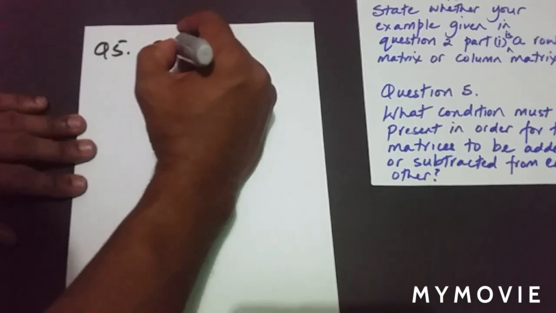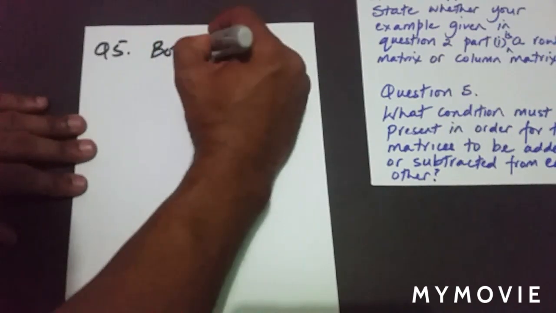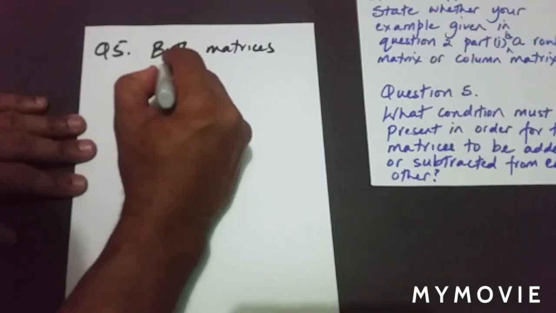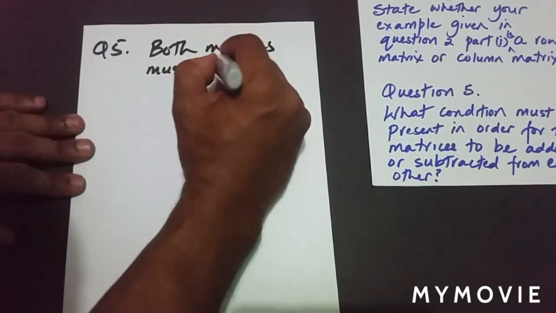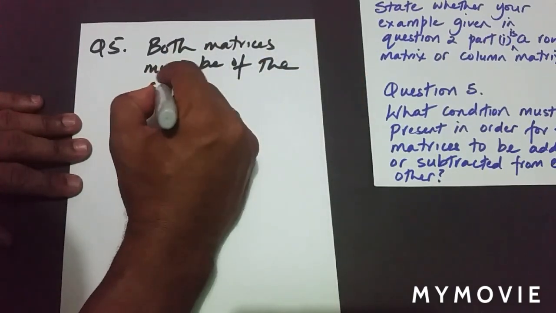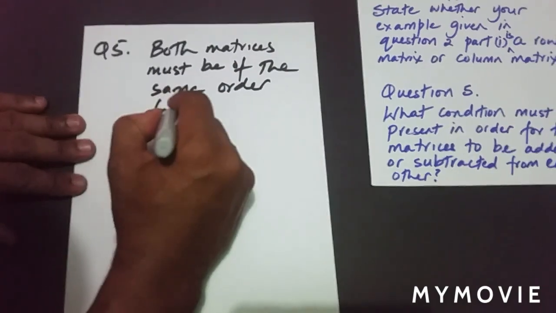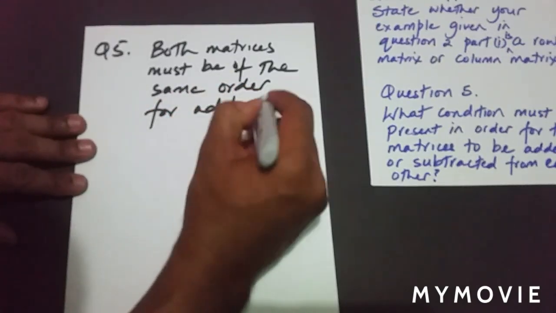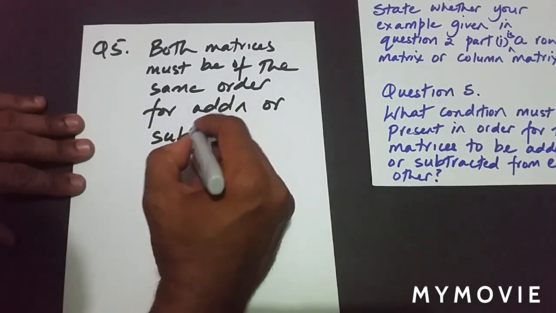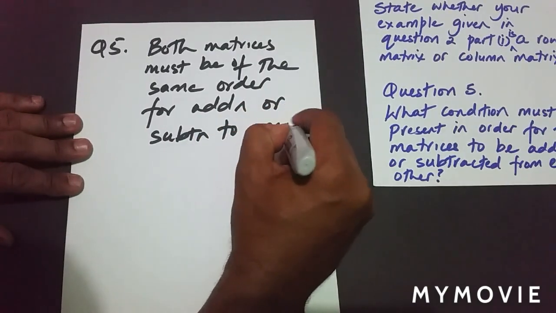So both matrices must be of the same order for addition or subtraction to occur.